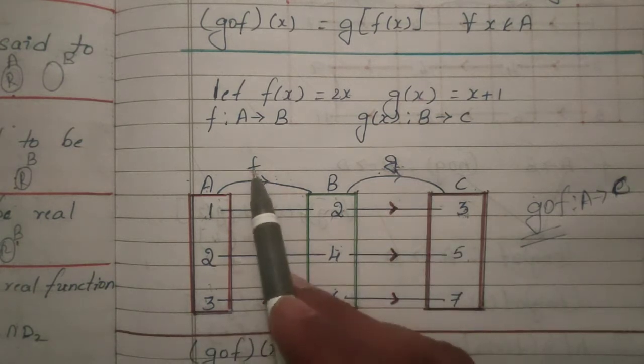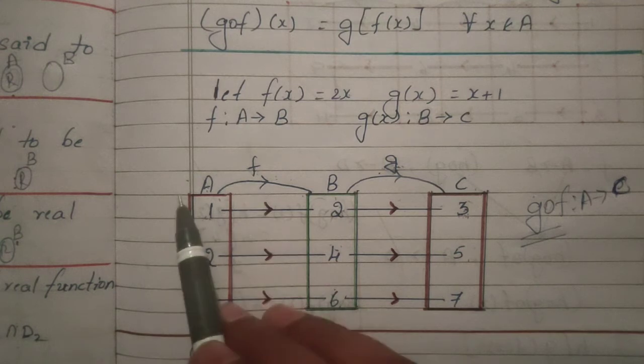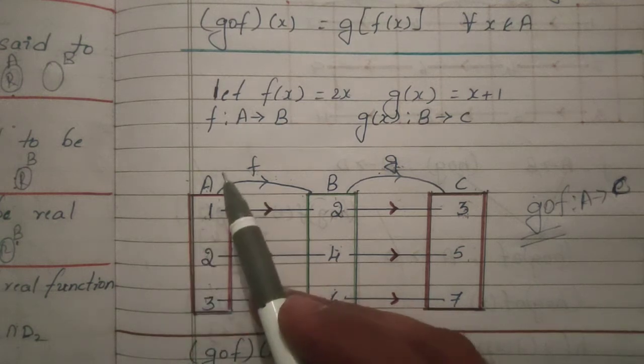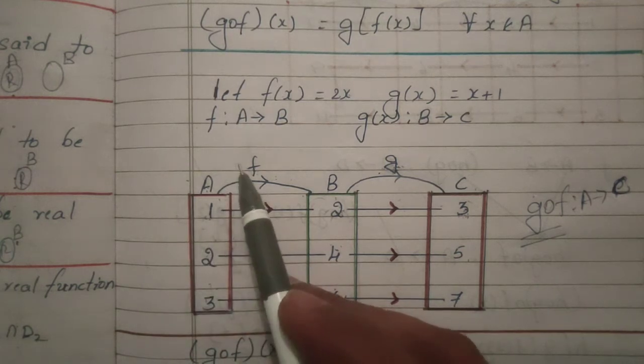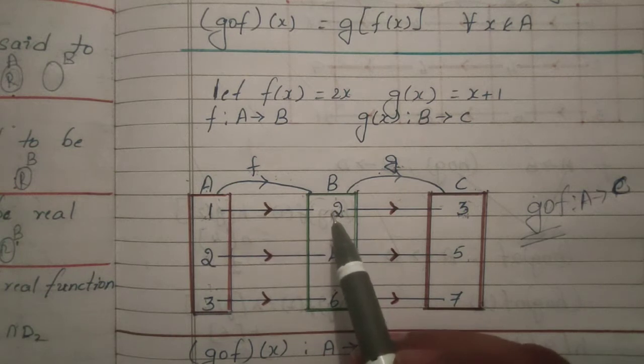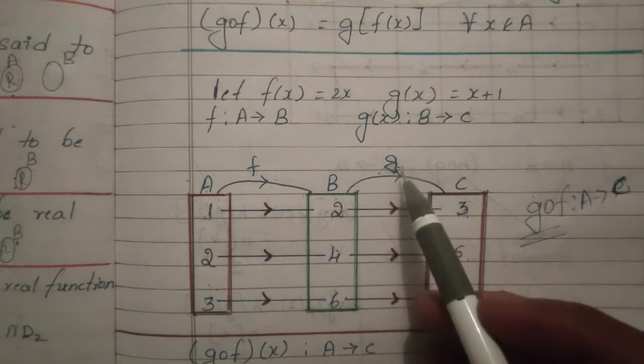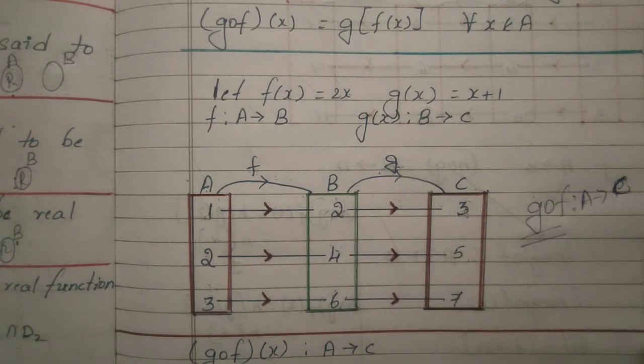Okay, f function is when you give the input, your register number, it gives your name. G function, when you give your name, it shows the result. Two machines are there inside the box or your computer or wherever.